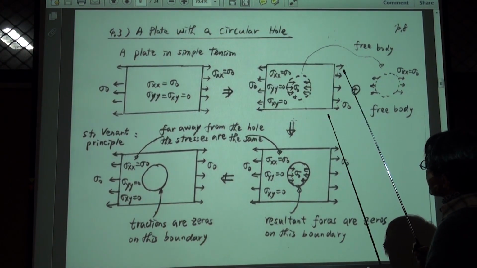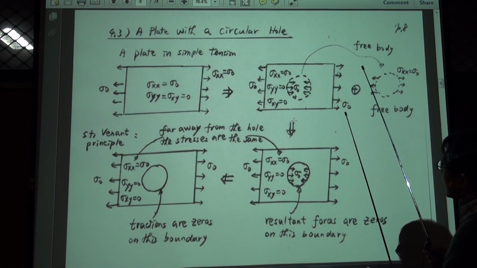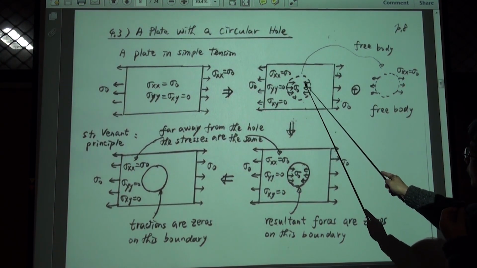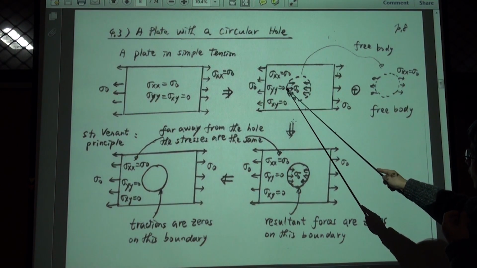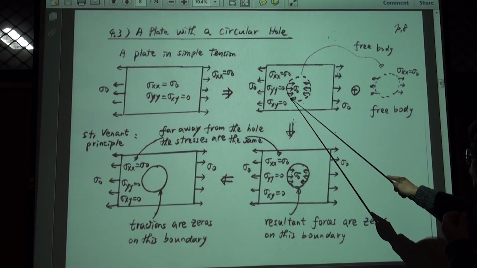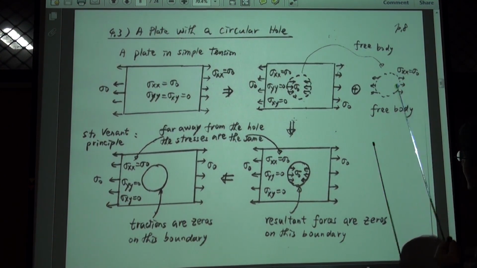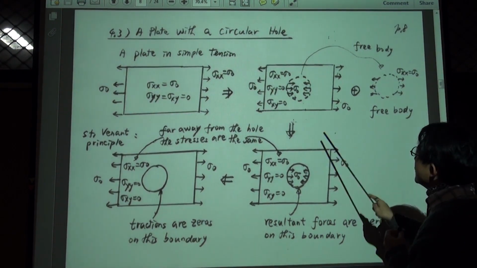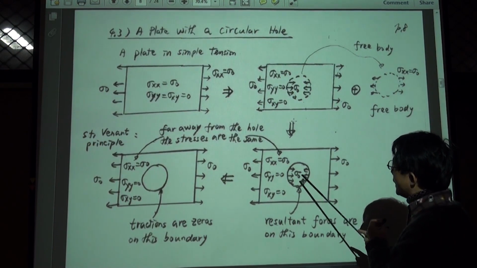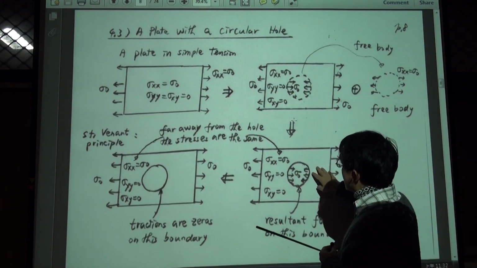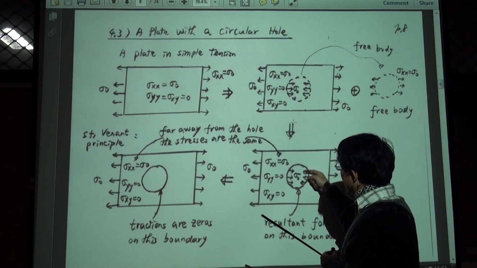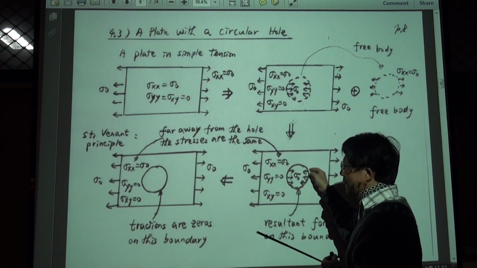Now we want to say that the resultant force of this distribution of stress equals 0, because see here, we first draw a plate like here, we draw this plate to here. This plate is equal to this plate, okay? See, the stress here is pulling to the right side.